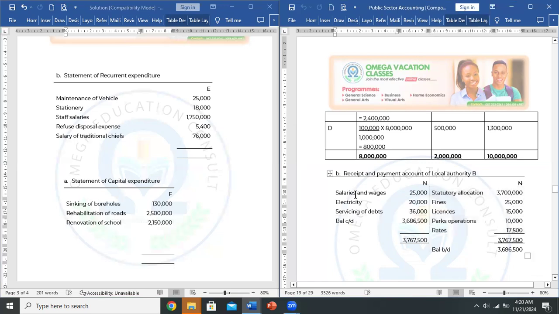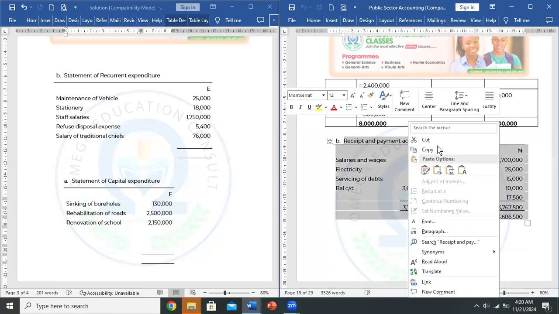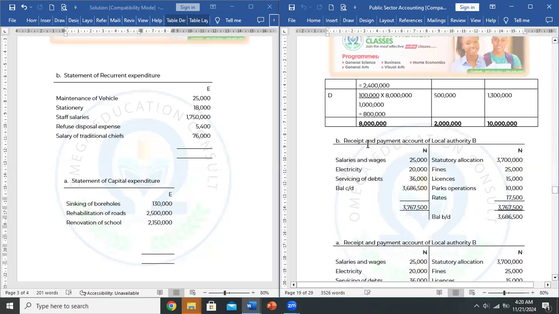And then these expenses are all payments and should be on the right side of the receipt and payment. I think it's an error we have to correct, because the receipt and payment is like the cash book, right? So when you receive, you debit, when you pay, credit. So let's do the correction here.